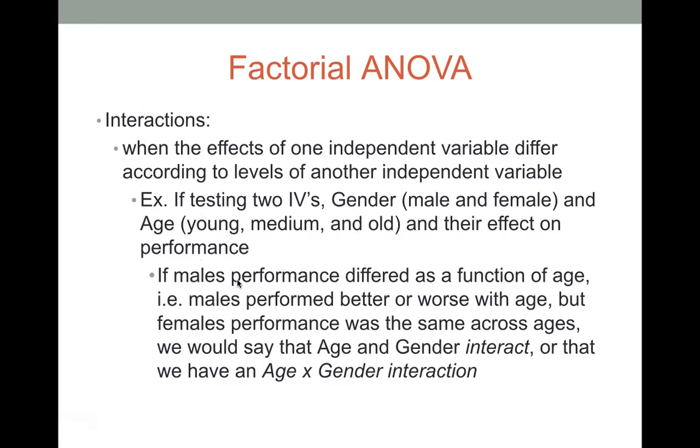So if males' performance differs as a function of age, that is, males perform better or worse with age, but females' performance is the same across all ages, we would say that age and gender interact. We have an age by gender interaction.